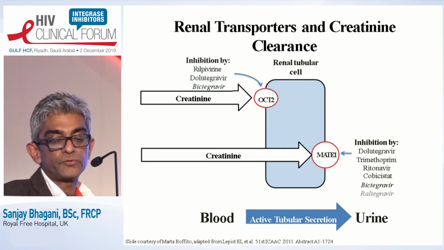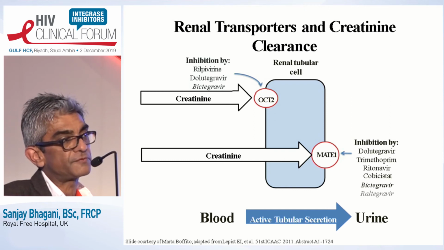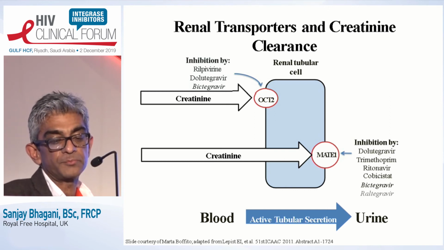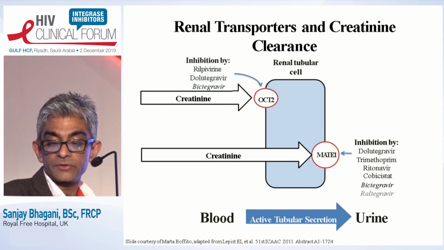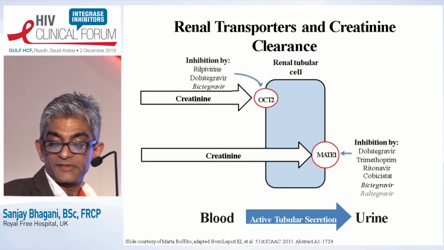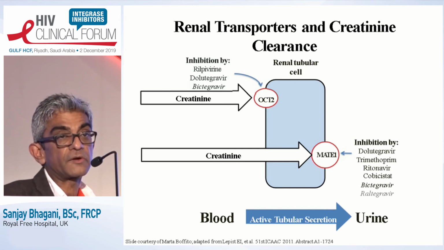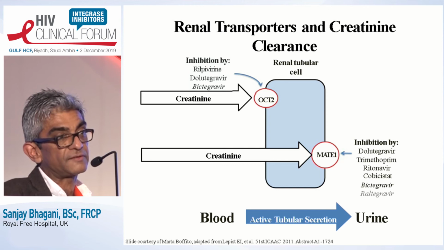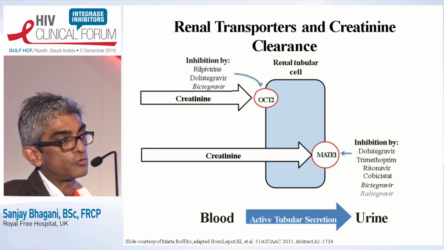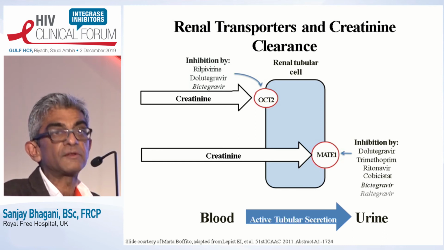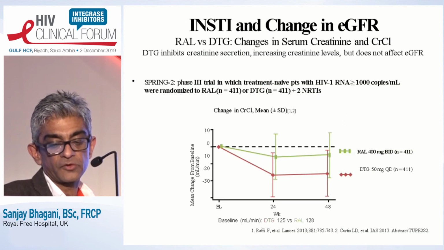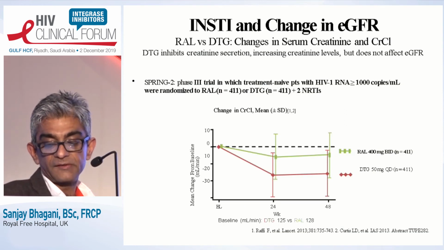Both of those are inhibited by a number of different drugs: OCT2 by rilpivirine, dolutegravir, and bictegravir, MATE1 by dolutegravir, cobicistat, ritonavir, bictegravir, and raltegravir. Inhibiting these leads to an increase in serum creatinine because you're not able to secrete the creatinine out. Remember that this has no impact on the function of the kidneys, but an increase in your serum creatinine.